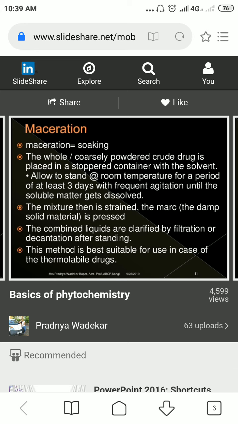The mixture is then strained, meaning filtered, and the marc is pressed. And this marc has no further requirement. We require the concentrated filtrate. So the combined liquids are clarified by filtration or decantation after standing. This method is best suited for thermolabile drugs, because here no heating is applied.